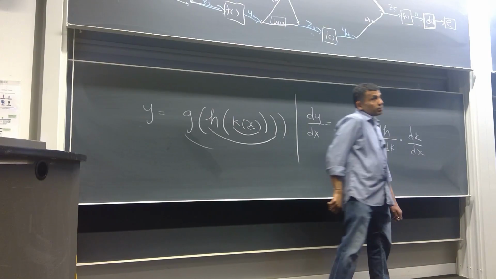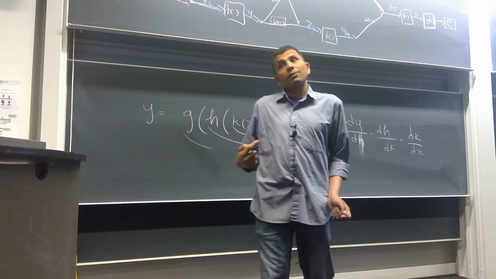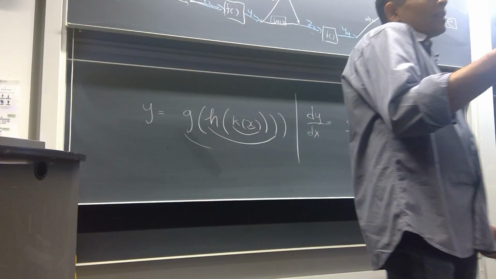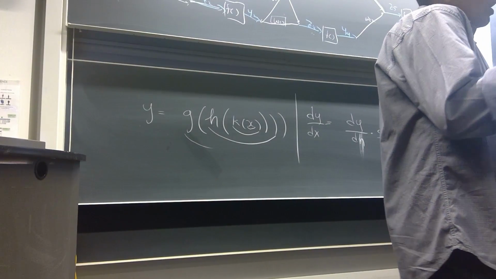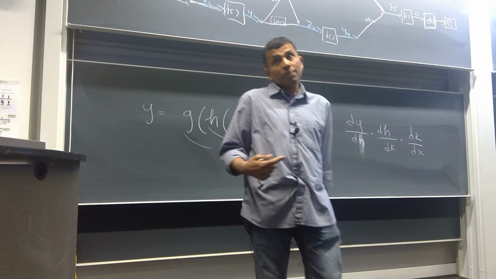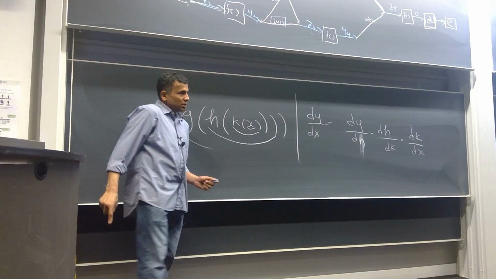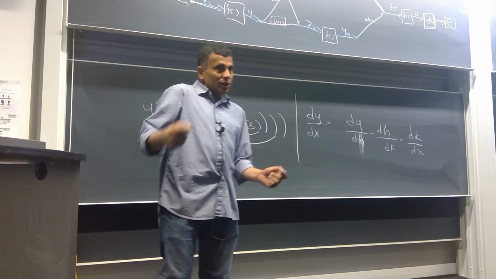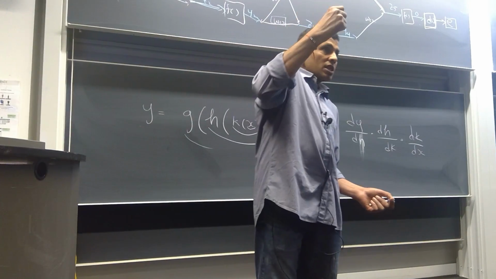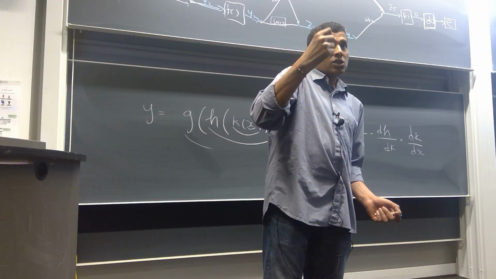So observe the sequence of operations over here. The sequence is very important. Now, in the scalar case, it really doesn't matter, but when we begin talking about vectors, this sequence really will matter. So first, you're looking at the outermost function, and you're just asking yourself, how much will changing the argument to the outermost function change the output?